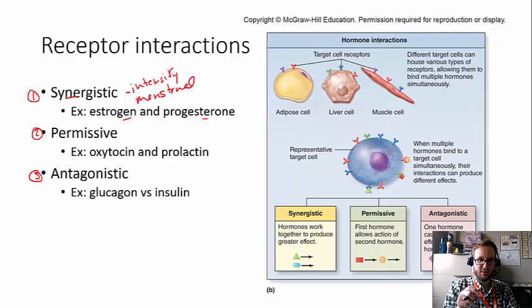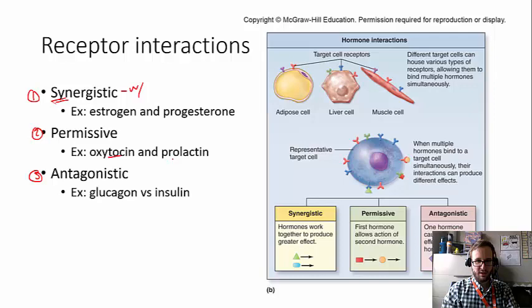The inner layer of the uterus gets a little bit thicker in response to both of these hormones together, making it a more intense signal. One hormone by itself will modify the layer of the uterus, but both of them thicken it and increase the amount of blood flow going to it. So it intensifies, and that's called a synergistic response. It has this root word syn in front of it, and these things are working with each other, in cooperation.